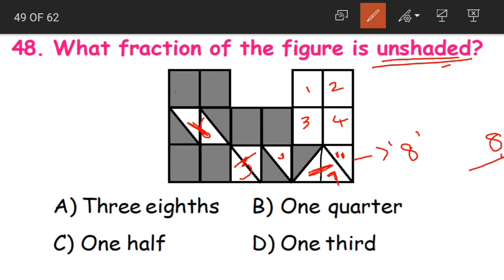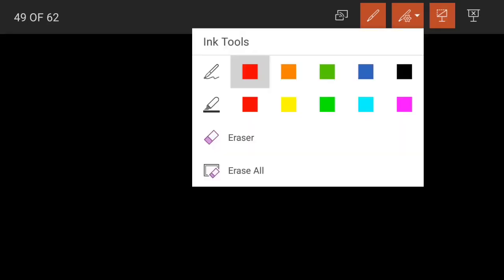And how many blocks do we have in total? 1, 2, 3, 4, 5, 6, 7, 8, 9, 10, 11, 12, 13, 14, 15, 16. In total we have 16 squares here, out of which only 8 are unshaded. Now this 8 by 16 can be represented as what, if it is reduced to its simplest form?